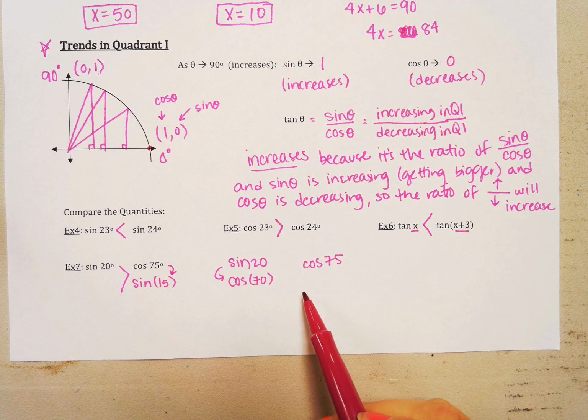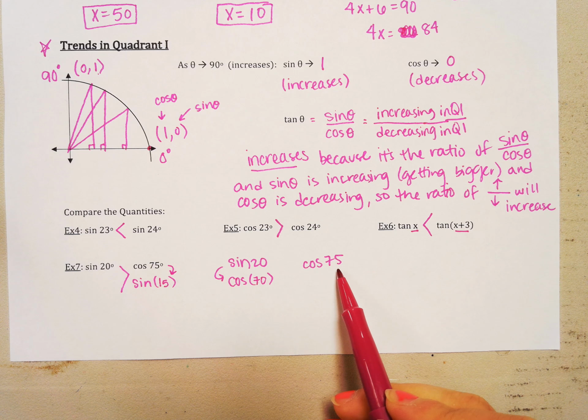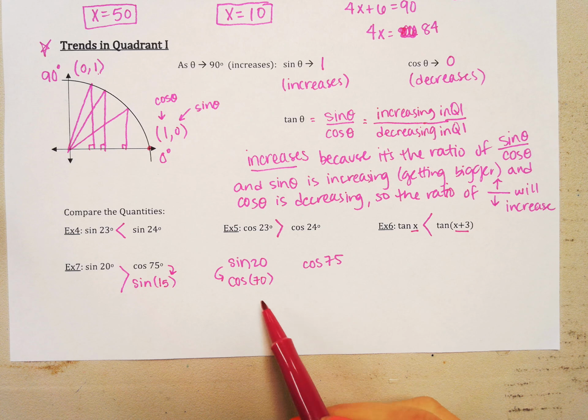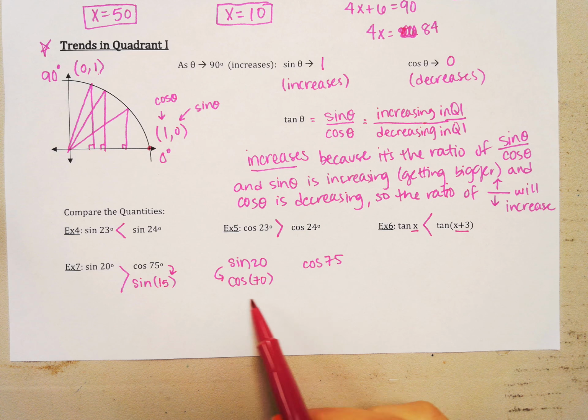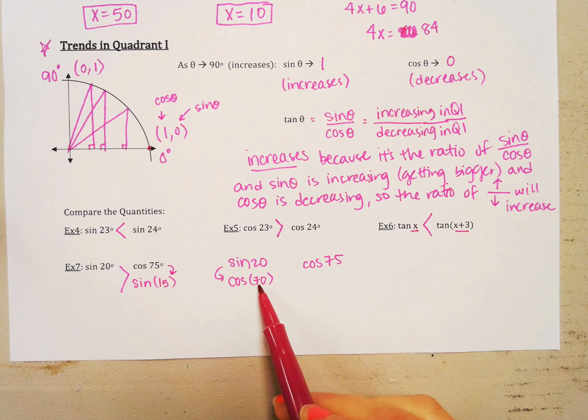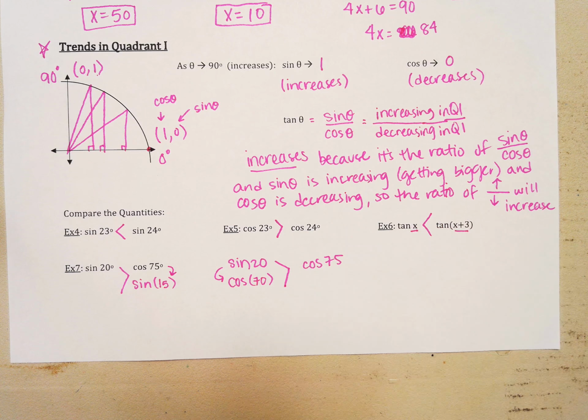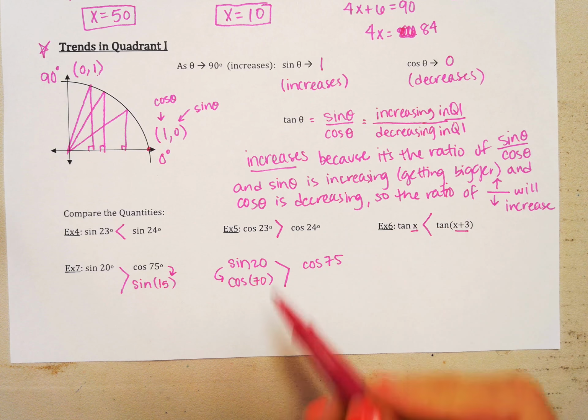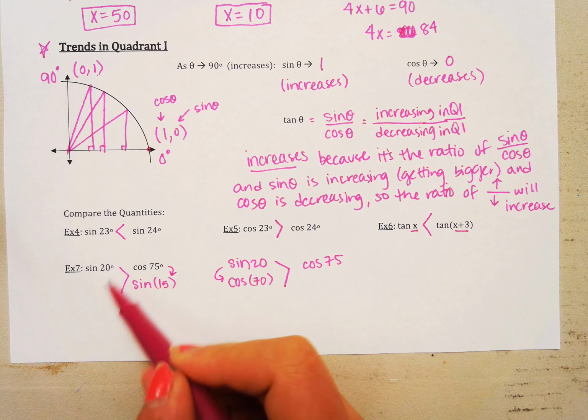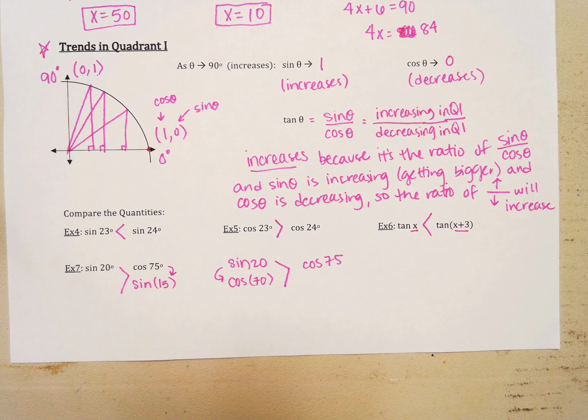As my angle is getting bigger, so this is my bigger angle, my adjacent side is getting smaller. So the cosine of 70, a smaller value, is the smaller one, which is still equivalent to the sine of 20. You could do it two different ways, but you should still get the same result, that this quantity is bigger than that quantity.